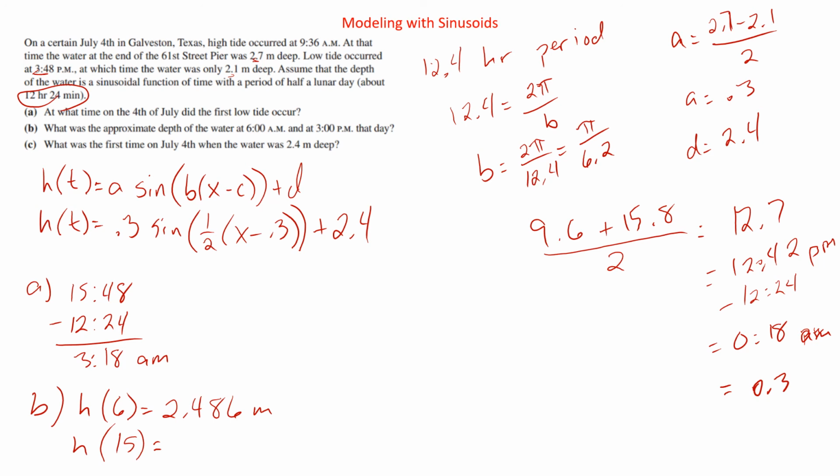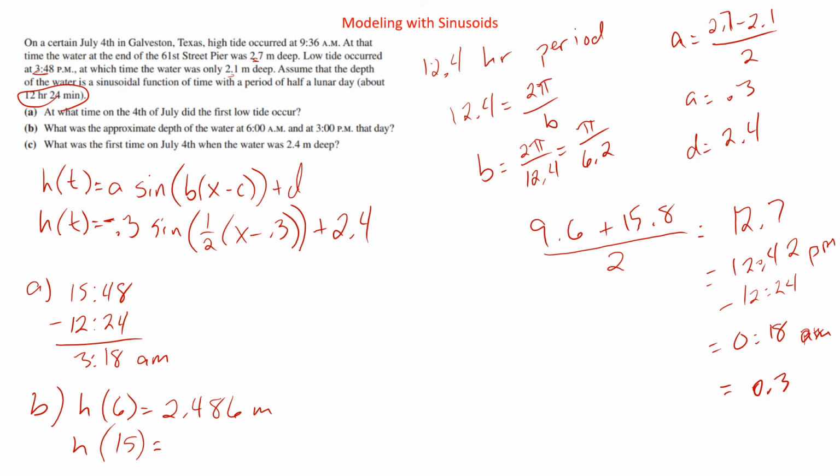It should be, but I'm getting almost high tide. Oh, because we started out there, then we went to high tide. That's a negative. That's a rookie mistake. I apologize for that.